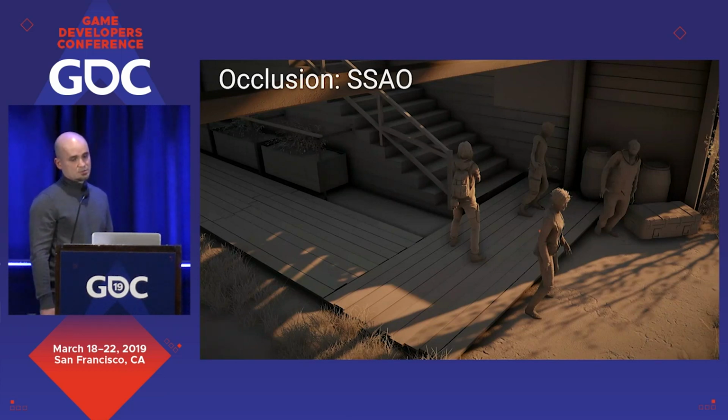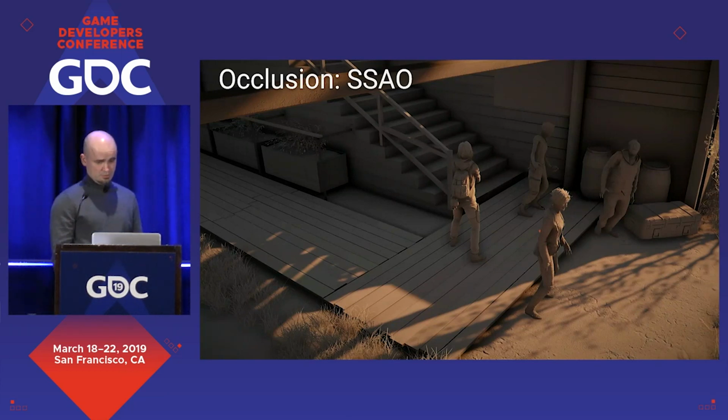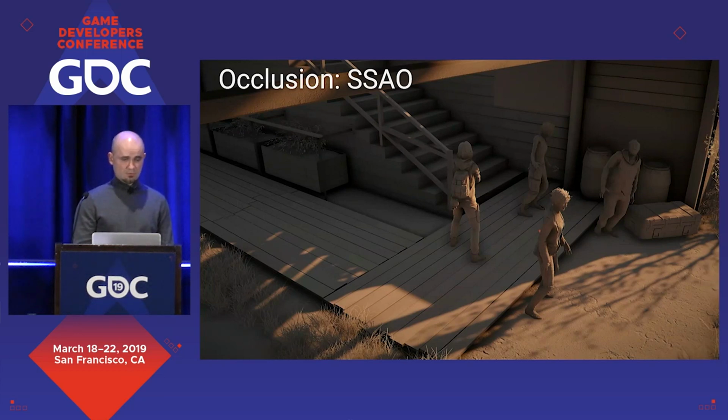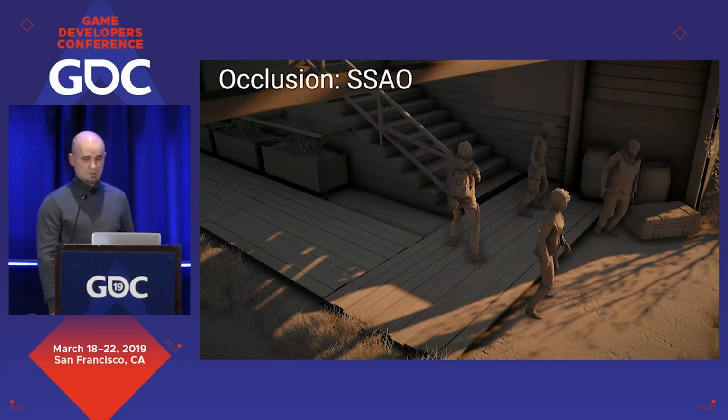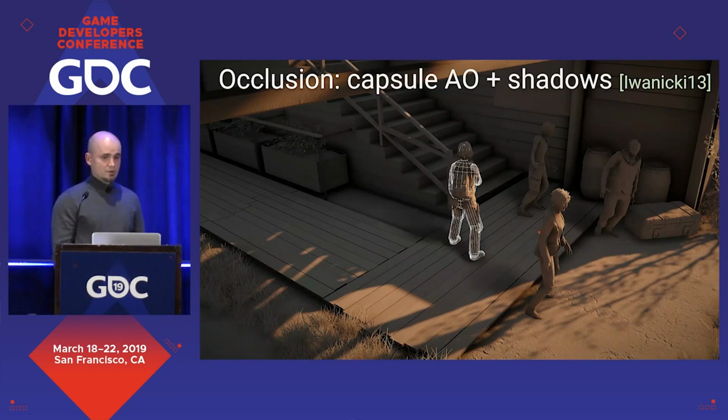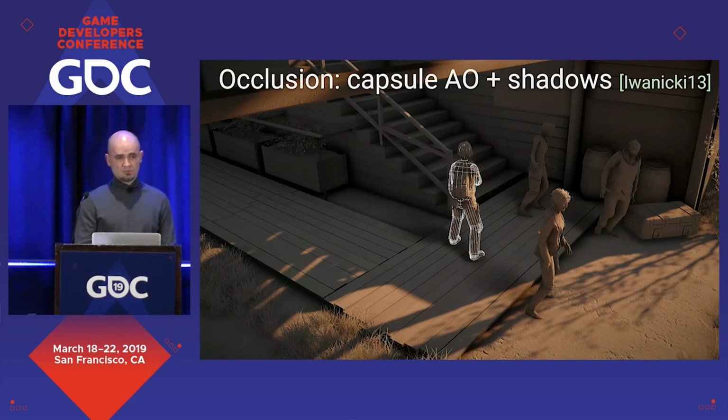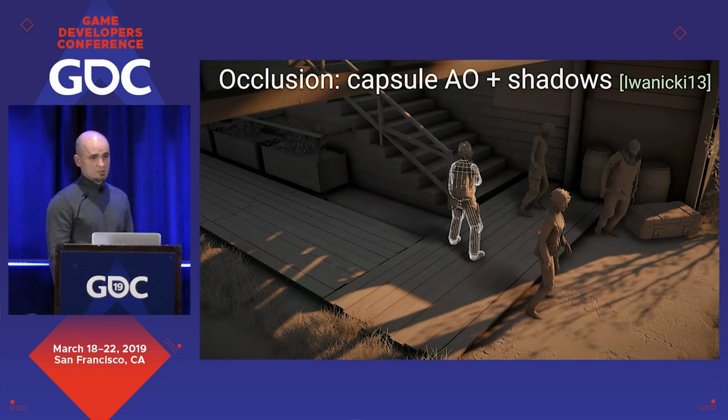We always wanted something more, something like soft shadows from indirect lighting, for example, skylighting on this shot. And for that, we are using so-called capsule shadows. The idea came from the Last of Us presentation from SIGGRAPH 2013. A set of capsules is attached to the character skeleton, and each capsule casts ambient and directional occlusion terms.